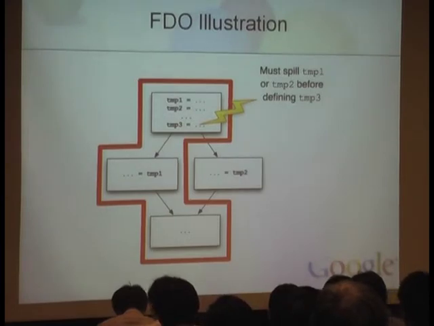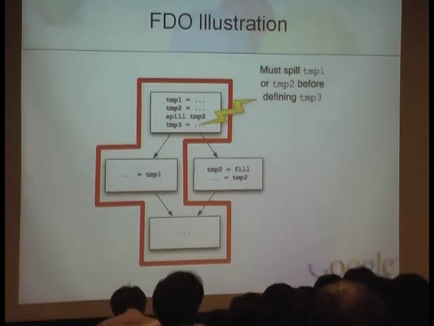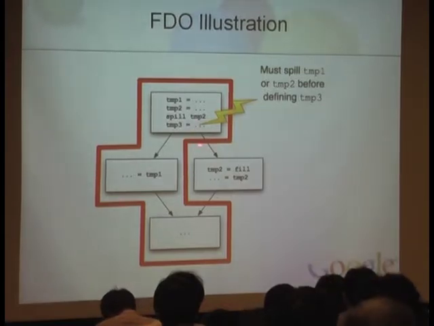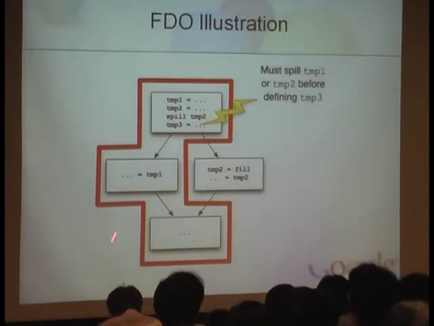If you know this is a hard path in your program, if you know this is more executed, then you need to spare temp 2 because this won't affect the common path. And in this path, you need to spare this register to memory and load it back from the memory later on. But this one won't affect the common path.